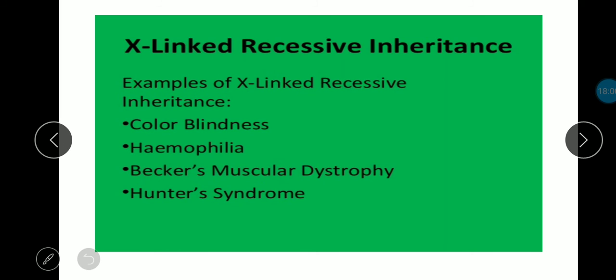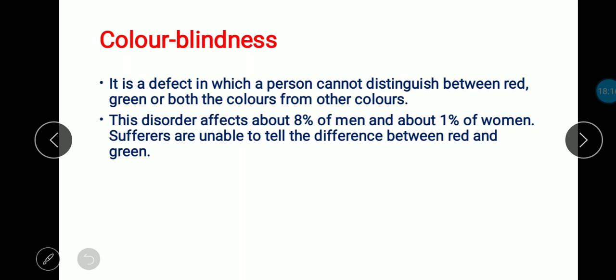X-linked recessive inheritance has some examples: color blindness, hemophilia, Becker's muscular dystrophy or Hunter's syndrome, etc. The well-known example is color blindness. It is a defect in which a person cannot distinguish between red, green or both colors from other colors.